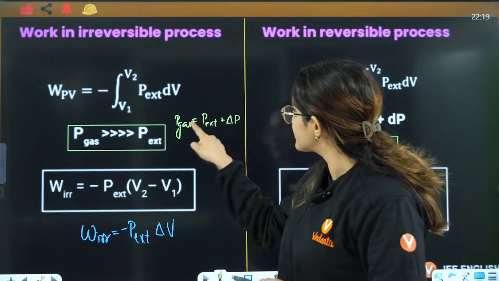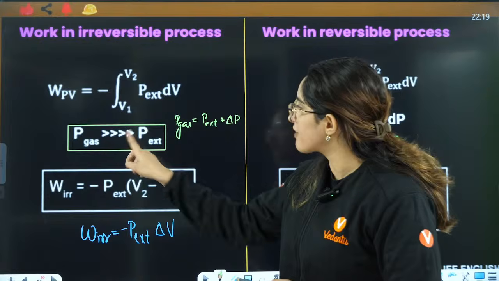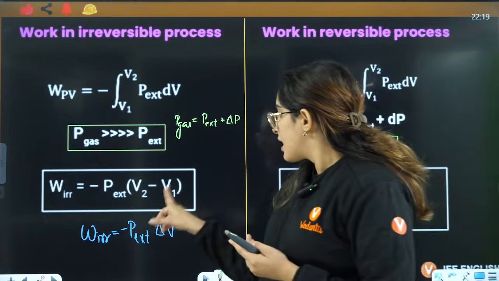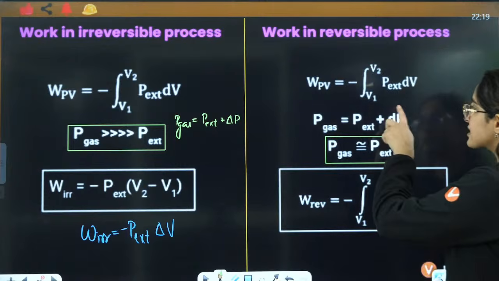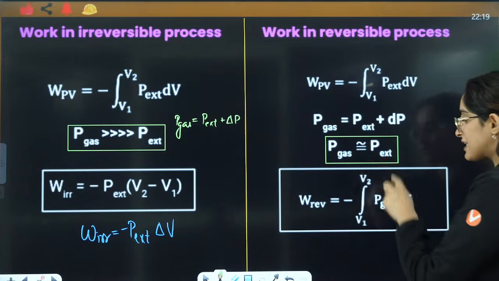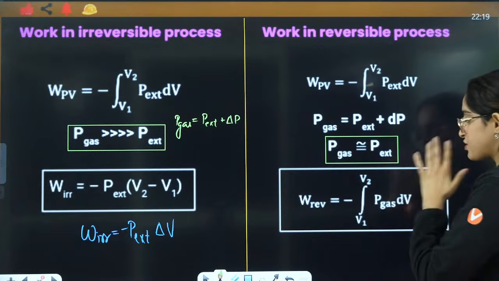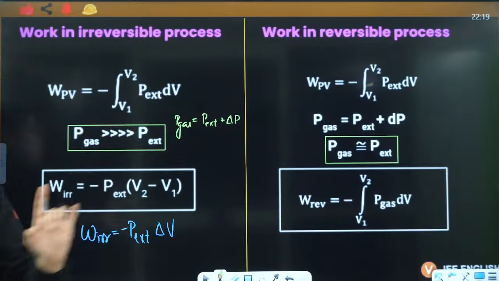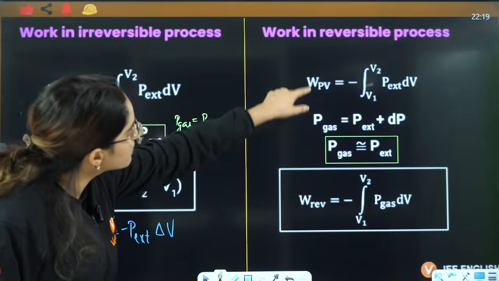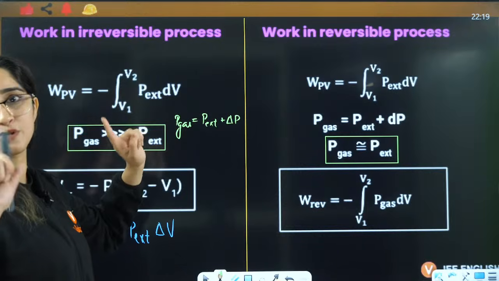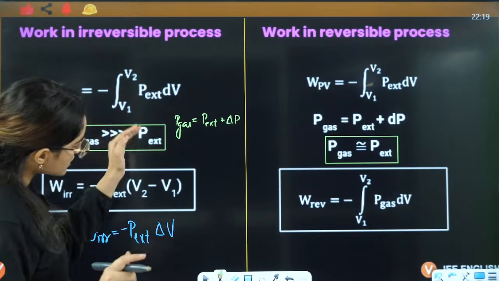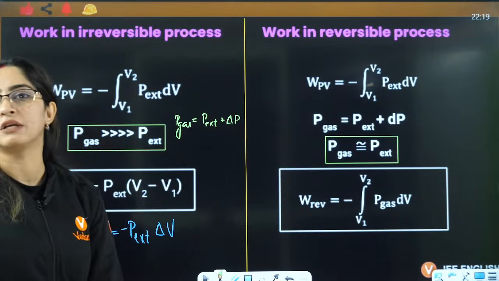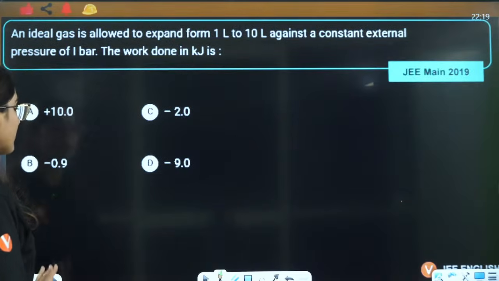So it's a big change, that's why we can say pressure of gas is very large as compared to external pressure. But in this case, this is a very small change, so they are quite equal. That's why you can replace external pressure with pressure of gas here. But you can only replace it in a reversible process, not in irreversible process. In irreversible, you will use delta V. Here you will use integration dV. That's the difference that we have.